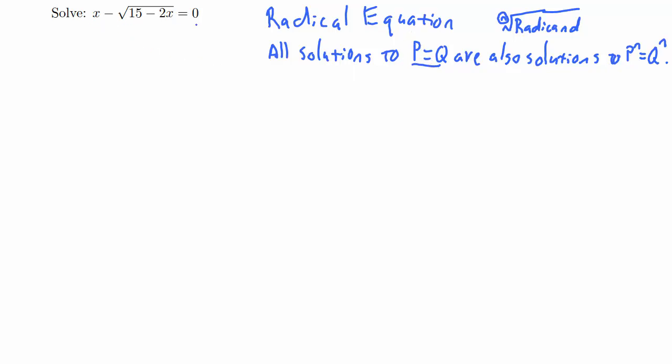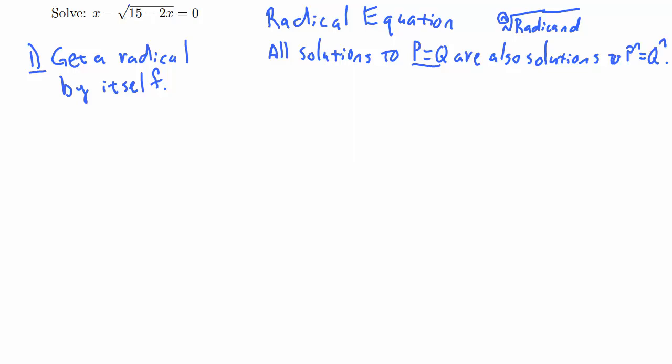There are a few different steps for solving a radical equation like this. The first step is to get a radical by itself. Look at x minus the square root of 15 minus 2x equals 0.